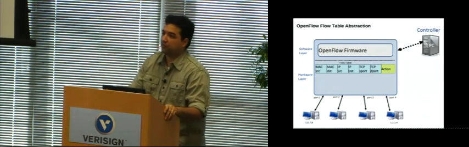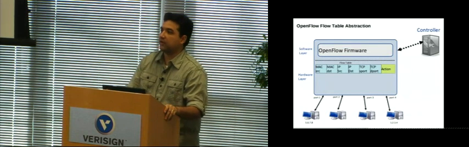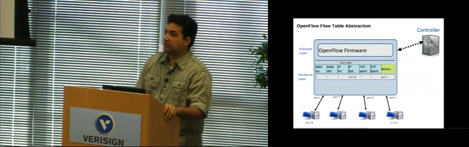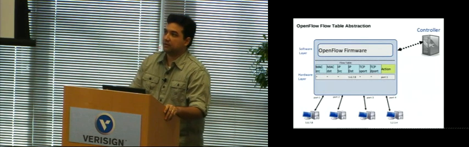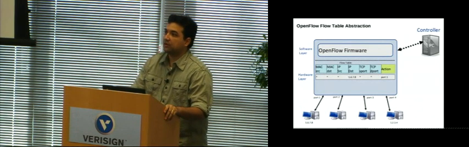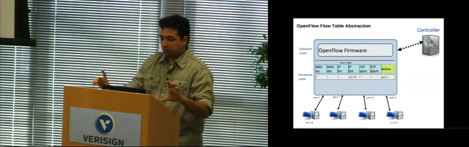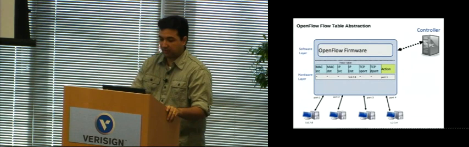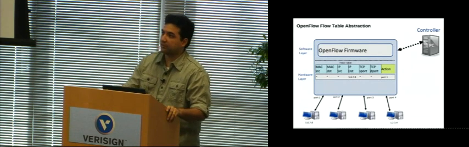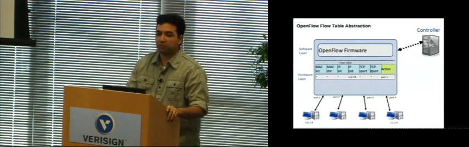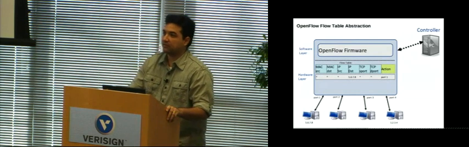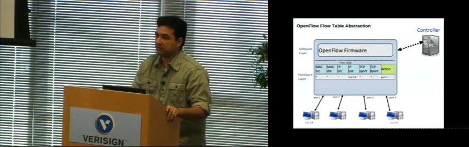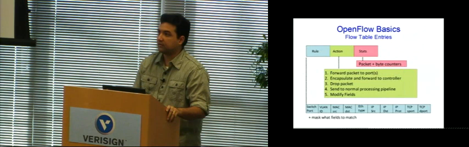So you have this first host, 5.6.7.8, and the controller informs the firmware and writes on the flow table a rule that says that if the IP destination of this particular packet is 5.6.7.8, write to port 1. So the packet actually goes to port 1 and the machine receives the packet.